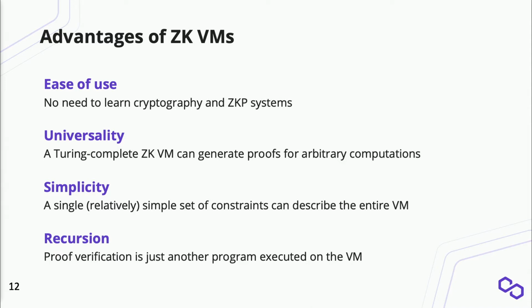And the last benefit is recursion. If you have a Turing-complete VM, you can write a program that can verify a proof of its own execution. So you get basically infinite recursion, because if it can verify a proof of its own execution, it can do it any number of times, together with other programs that get executed. These are very nice properties, and that's why in many cases a ZK virtual machine is a very desirable thing to have.